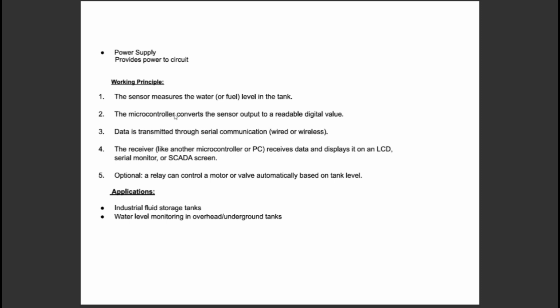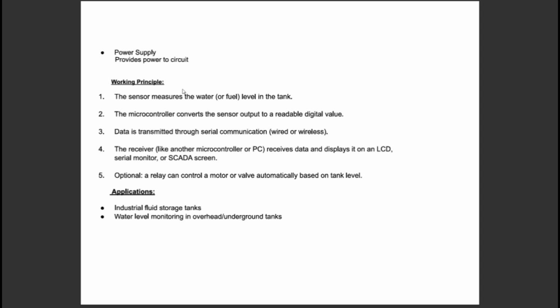The microcontroller reads this sensor output and converts it to a readable digital value. This data is then transmitted through serial communication, either through wired or wireless means. At the receiver side, another microcontroller, PC or HMI receives the data and displays it on an LCD, serial monitor or a SCADA system.